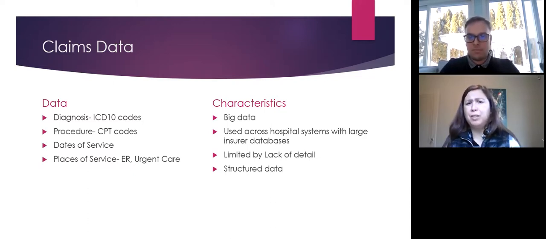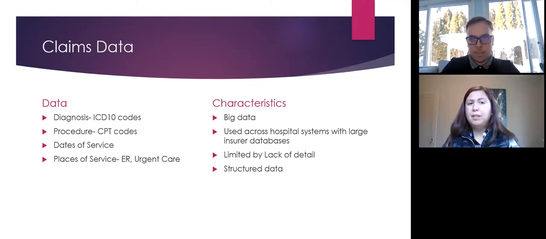There are also other things in claims data that, if your database is set up right, you can access. This is dates of service. Was it the primary reason for the visit? Where was the service given? Was it in an ER? Was it in a rural health clinic? Those are called place of service codes.